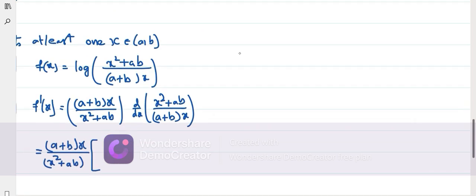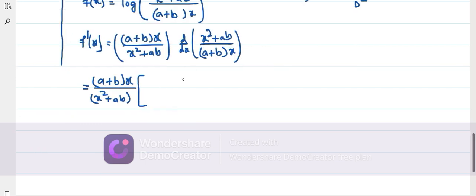You have to apply the quotient rule. So what does the quotient rule say? What is the differentiation of numerator by denominator? Denominator into differentiate the numerator, minus numerator into differentiate the denominator, divided by denominator whole square.